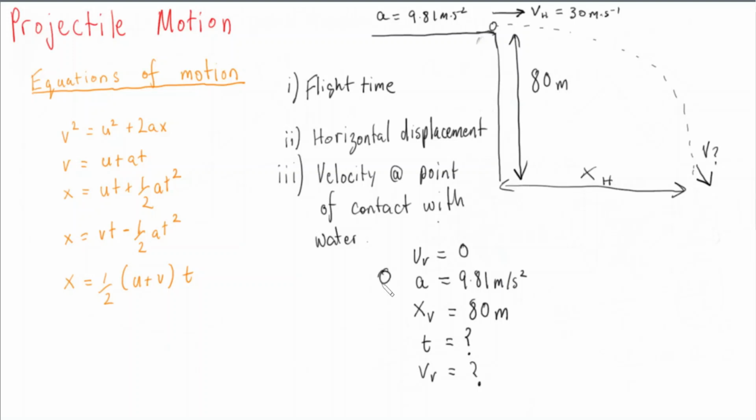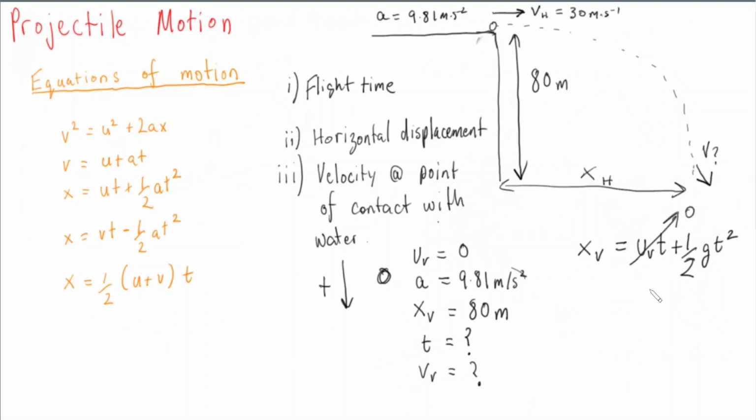Now this ball is going to be traveling downwards, so I'll make downwards positive, and I can go ahead and use this equation over here because we know that we're going to be experiencing constant acceleration, so I can go ahead and put my values in. I can say x of v is equal to u of vt plus half gt squared.